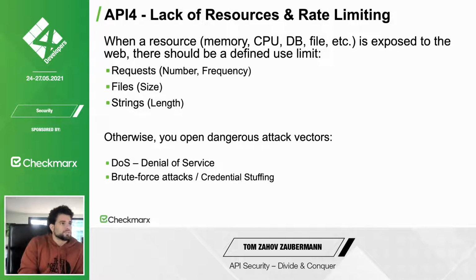Okay, lack of resources and rate limiting. We spoke about rate limiting, but make sure that you have enough memory exposed to the web, and use limits on requests and files. There's no way that one person downloads 100 files, right? Just put those kinds of limitations in place.